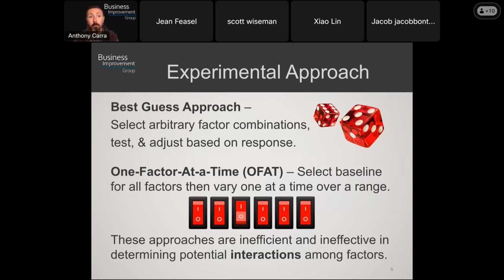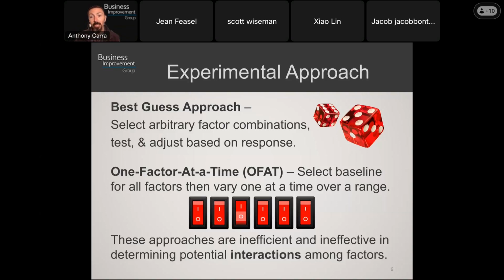And it was the best guess approach, right? It was basically based on expertise, engineering knowledge and experience with other components. We selected arbitrary factor combinations, we tested, and then made some tweaking adjustments to see what would come out.